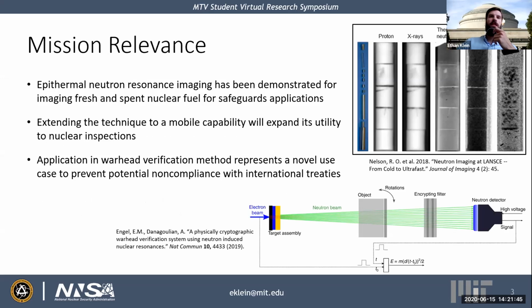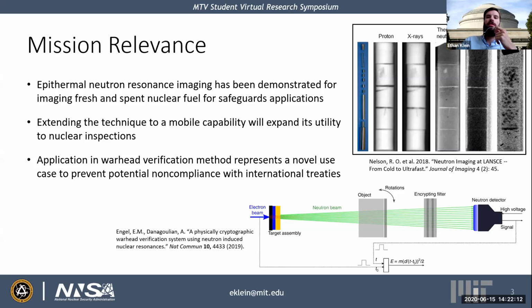With regard to mission relevance, as I mentioned, epithermal neutron resonance imaging has been used before for imaging fresh and spent nuclear fuel. I show the results there from one paper from Los Alamos recently published, where you can see the results of resonance imaging, viewing tungsten resonances, which allow you to see impurities within those fuel rods, fuel pellets.